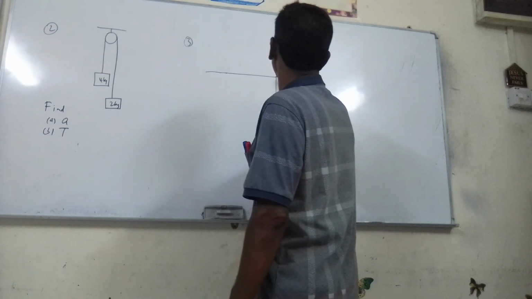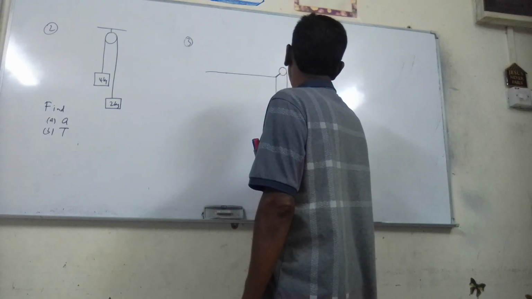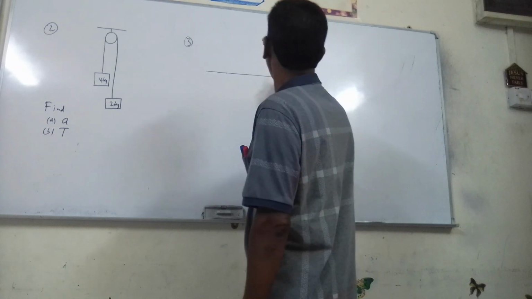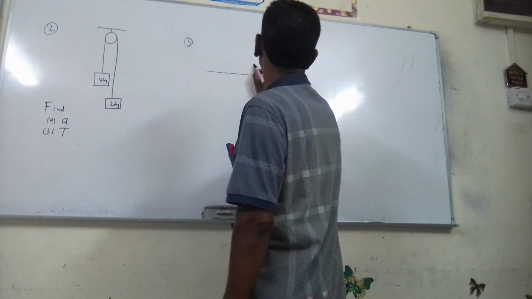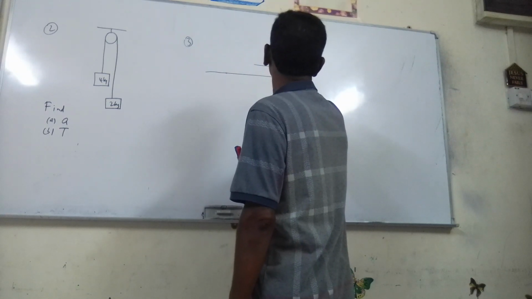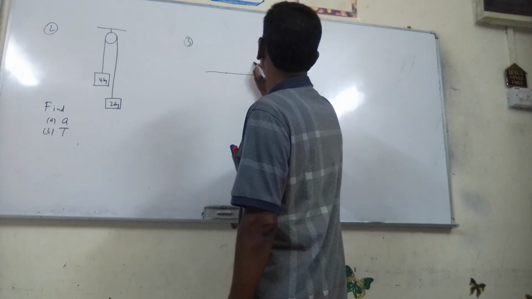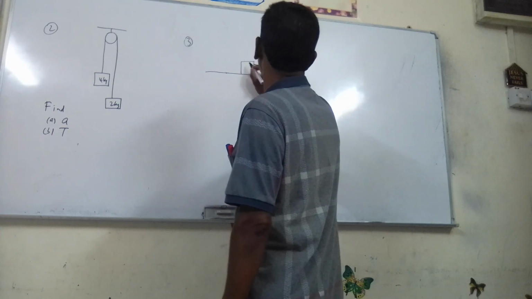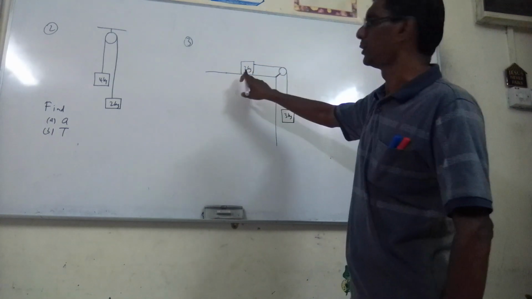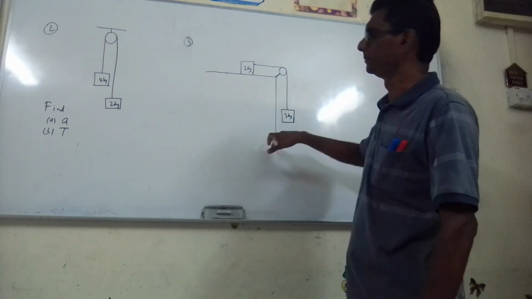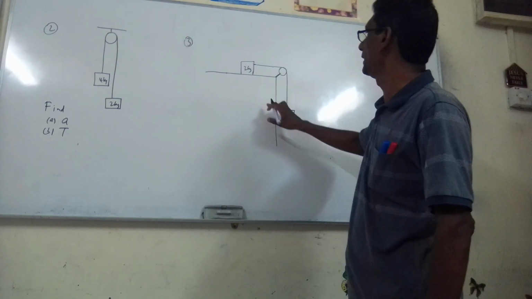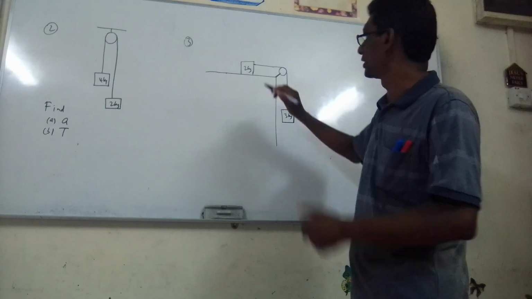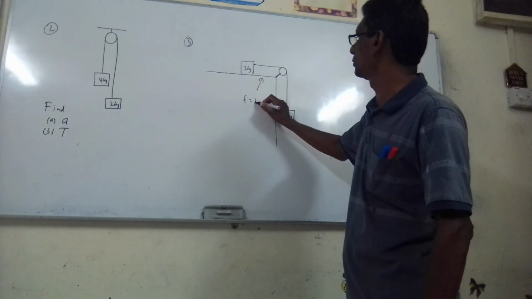There's a pulley here with a 2 kg and a 3 kg object. There's a table, and on the table there's a pulley and there's friction. The friction is equal to 2 Newton.